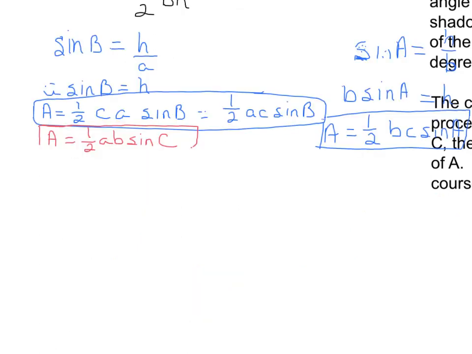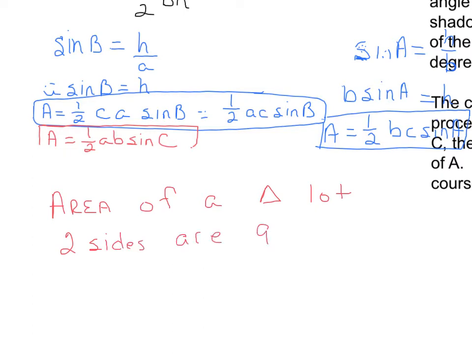If I want to find the area of a triangular lot whose two sides are 90 meters, 52 meters, and the included angle is 102 degrees.